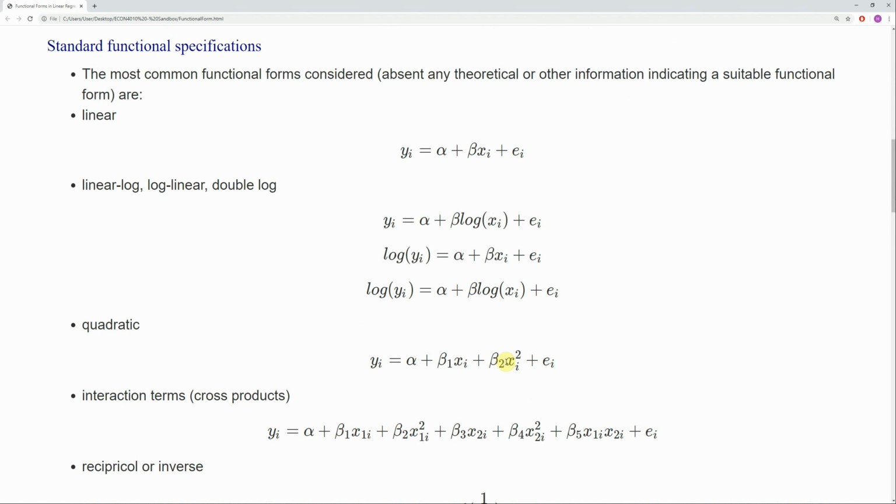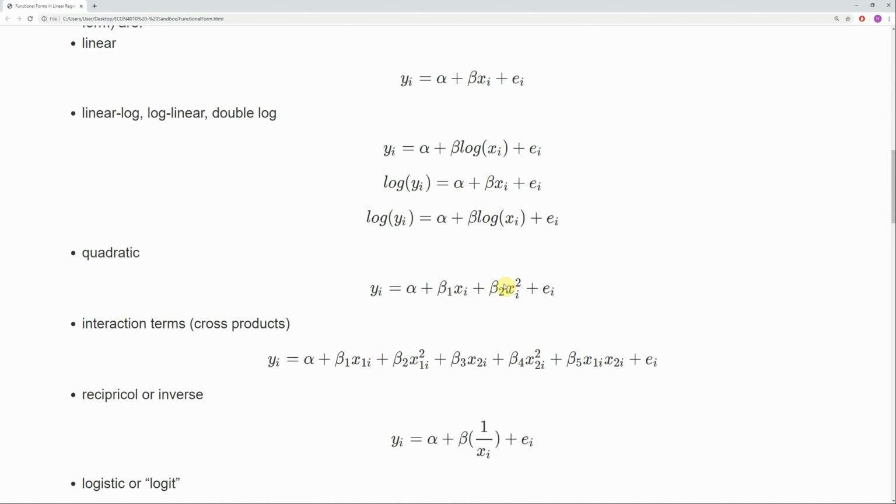So in a way, we can define xi squared as another variable named zi. So yi equal alpha plus beta 1 xi plus beta 2 zi plus ei is completely a fine formula for linear modeling.